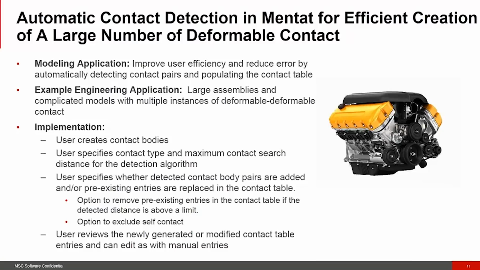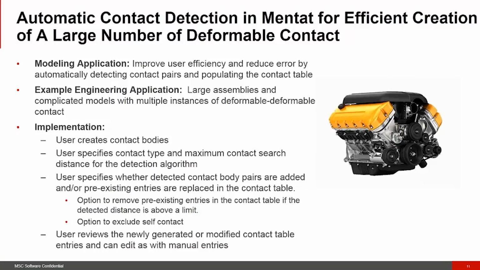So the first step is that you have to define the contact bodies, and then next you specify the contact type, whether it's touching or glued, and then you define the maximum contact search distance for the detection algorithm. And then the solver will look at the distance, and any two bodies that are within the distance tolerance are defined in contact.